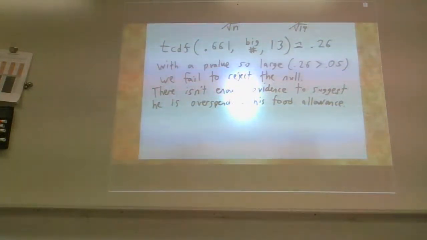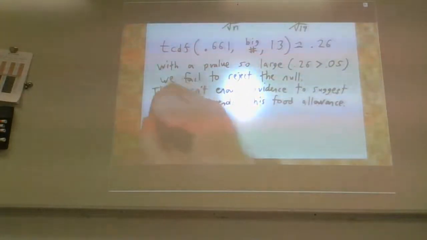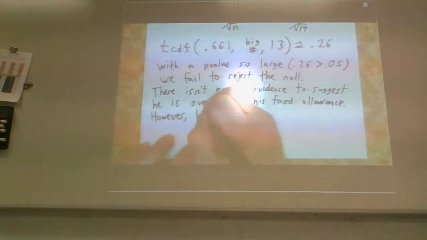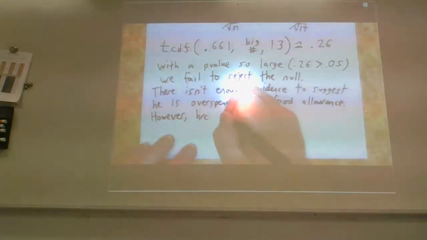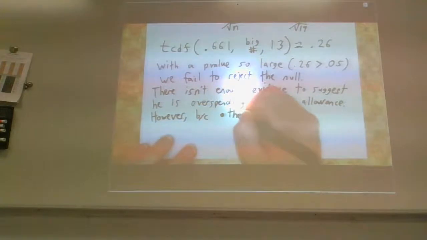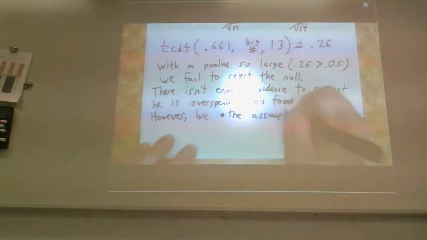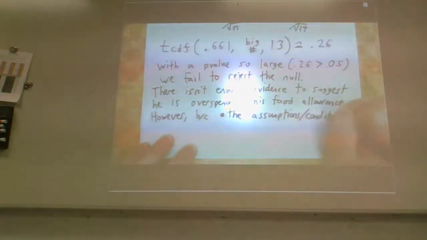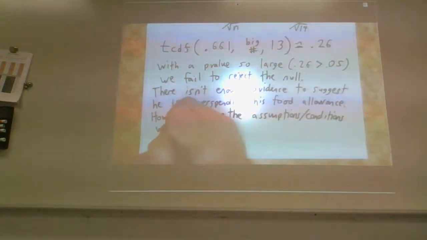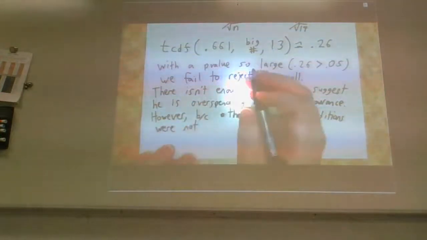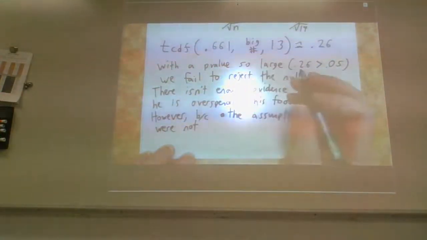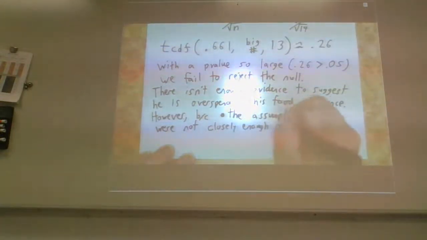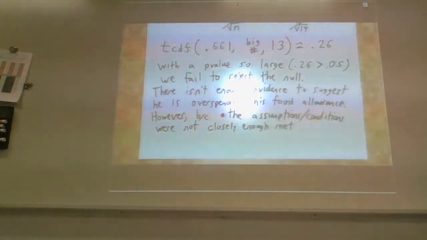But now here's the big key thing from before. However, because the assumptions and conditions were not, I would say, closely enough met, because we could barely meet the assumptions and conditions.